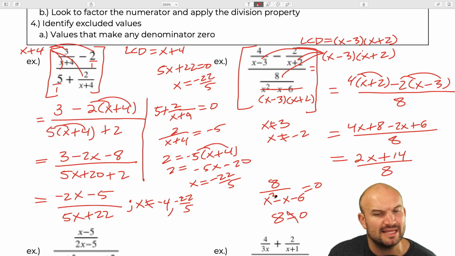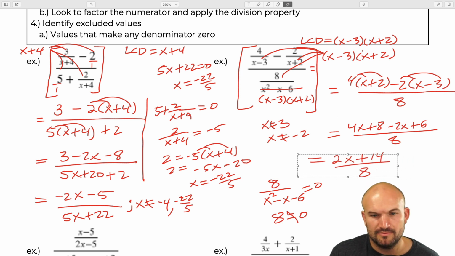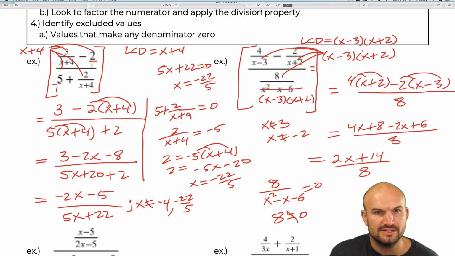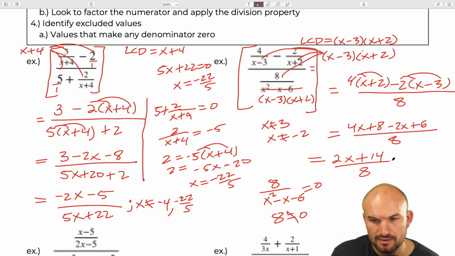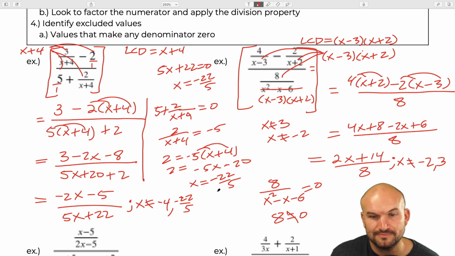What you do is you'd multiply the x squared minus x minus 6 to both sides, but you see 8 cannot equal 0. So therefore my only defined values in this case, from the original equation, x cannot equal negative 2 and 3.